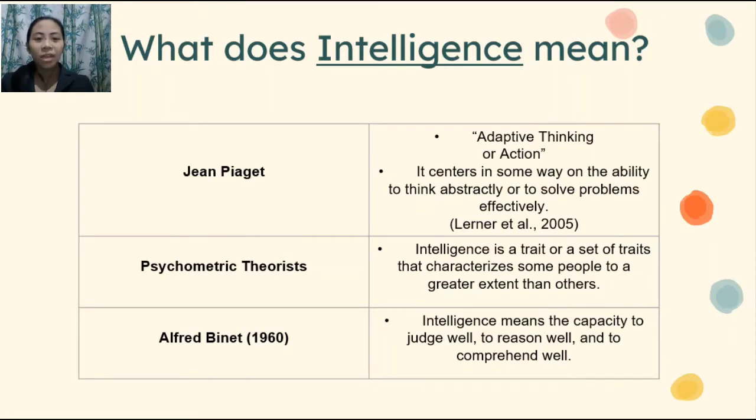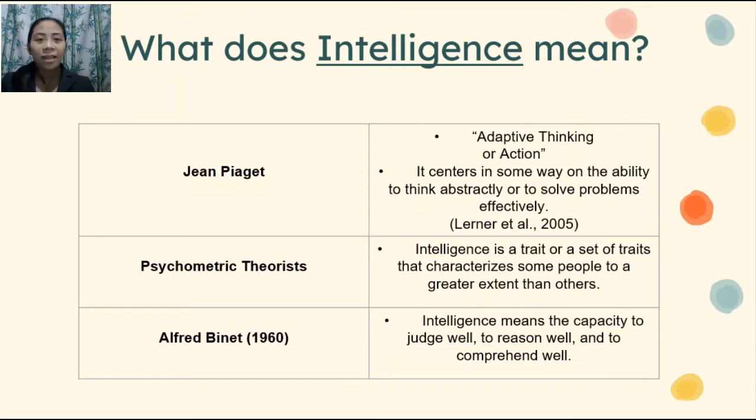Jean Piaget was a Swiss psychologist famous for his studies of the intellectual growth of children and his influential theories of cognitive development. Okay, so intelligence is adaptive thinking or action, meaning it is the ability to learn quickly, to solve problems, comprehend complex and abstract issues, and act in a rational, purposeful, and reasonable manner.